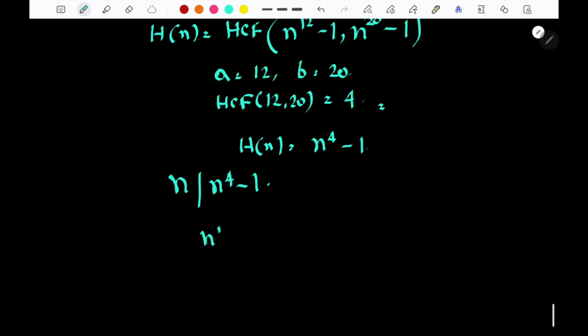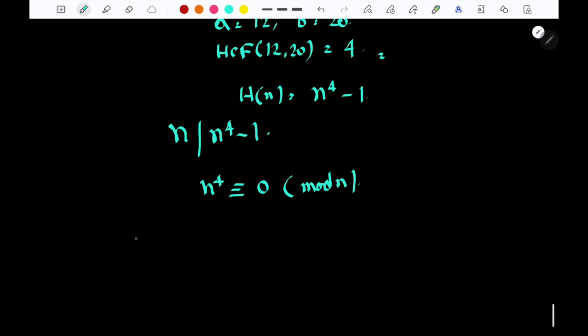It means n to the power 4 is congruent to 0 mod n, or we can say n to the power 4 is congruent modulo n to 0. Now since n to the power 4 is a multiple of n, this is true, because n divides n to the power 4.